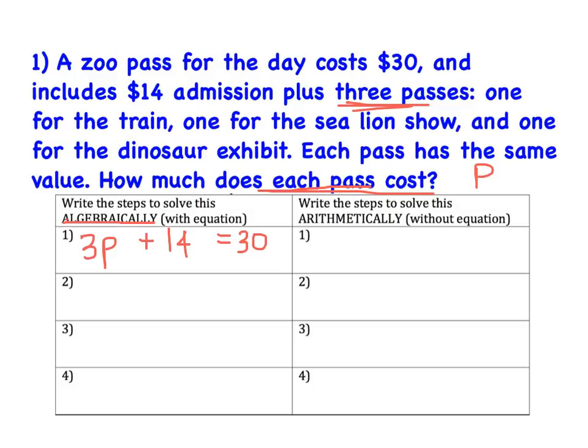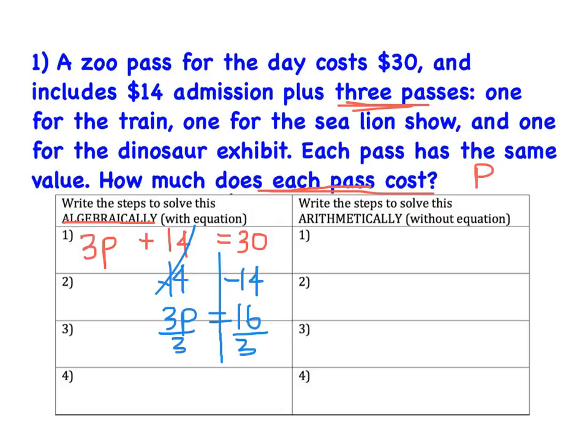Now I'm going to solve my equation. So I'm going to subtract 14 from both sides. So I get 3P equals 16. Then I'm going to divide both sides by 3. So my first step was to write the equation, my second step was to subtract 14 from both sides, and my third step is to divide both sides by 3.